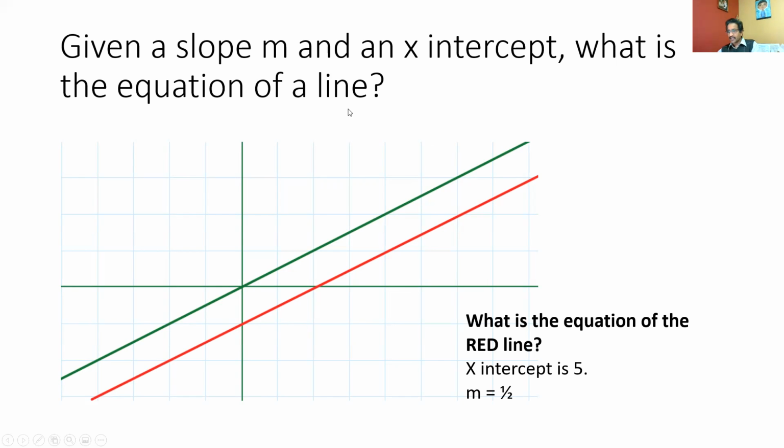So if we know that, what is that? y is equal to mx for this green line, right? For the green line that's going through the origin, the equation of a line is y is equal to mx.